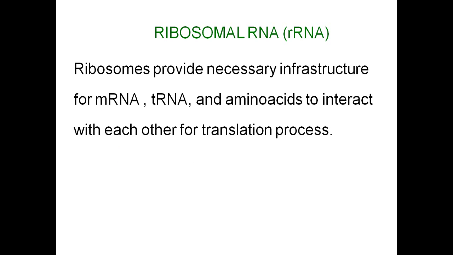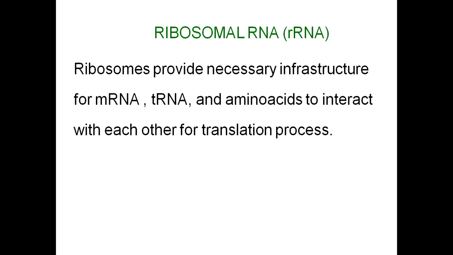Then the third type of RNA is ribosomal RNA, or rRNA. Ribosomes provide the necessary infrastructure for mRNA, tRNA and amino acids to interact with each other for the translation process.